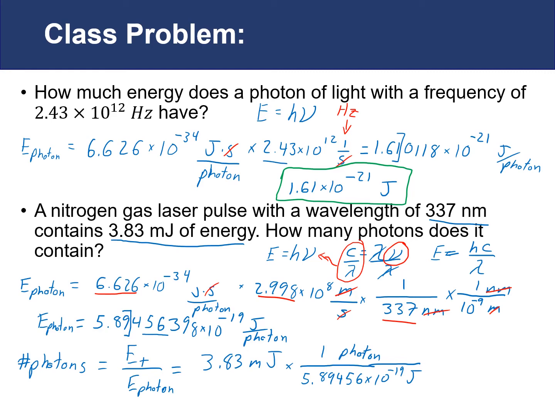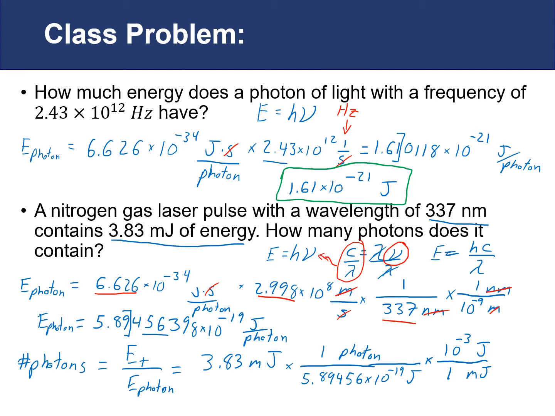Now our joules and millijoules don't quite cancel out. We need to do a conversion. And so we're going to convert our joules into millijoules, or you could think of it as converting your millijoules into joules. 1 millijoule is 10 to the negative 3rd joules.